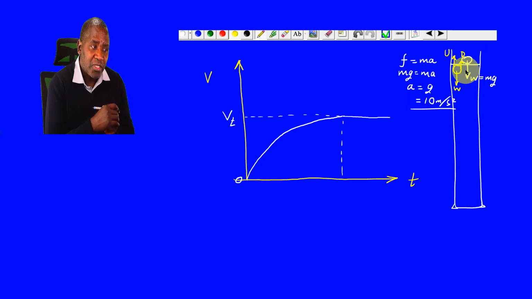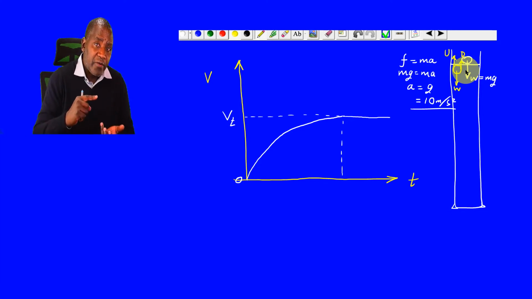The upthrust of that object, just like the weight of the object, has got a constant, uniform value, because it is dependent on the volume of the liquid displaced, the value of the gravitational field strength, and the density of that liquid. Those are the factors which determine the magnitude of the upward force acting on it.